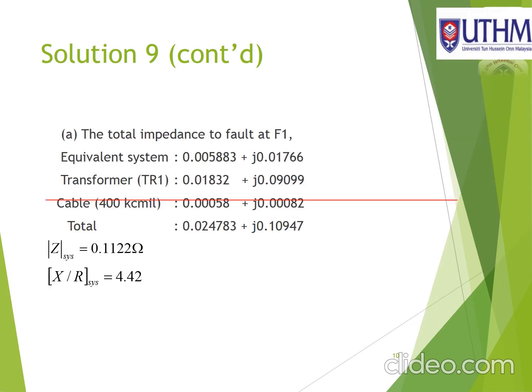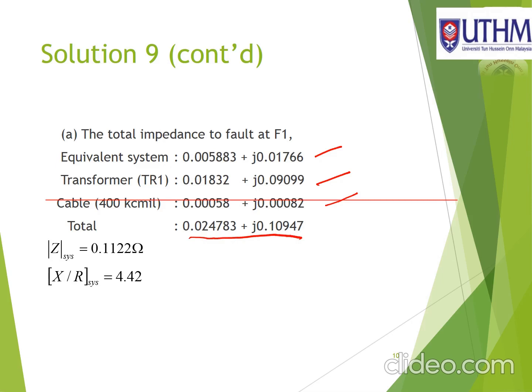Lastly, we have to get the total impedance to the fault at F1. To the fault at F1 there is the equivalent system. This one is the value we have already calculated. And also we have transformer 1 and the 400 kcmil cable, and then we get the total of the impedance.